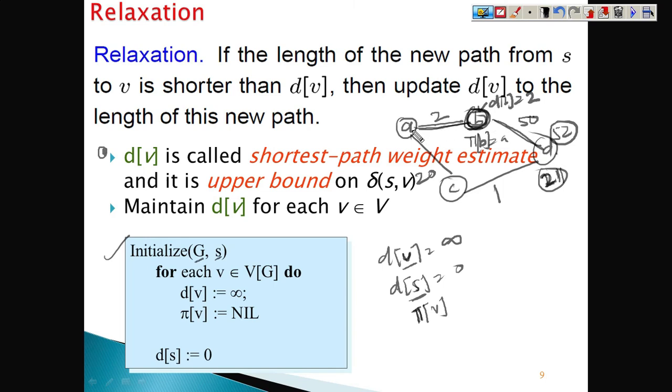But later, when we keep exploring, we realize that the better path is not from B to D but from C to D. So we update pi of D equal to C. That means the predecessor of D must be C. So initially we set this to nil, meaning there is no previous node for any vertex, and d of s is 0. This is the assumption we take while working with shortest path algorithms.